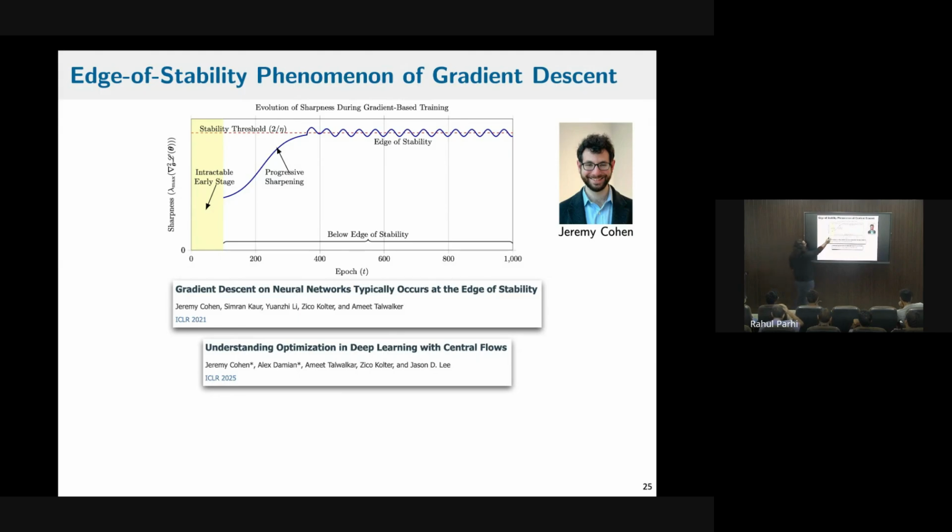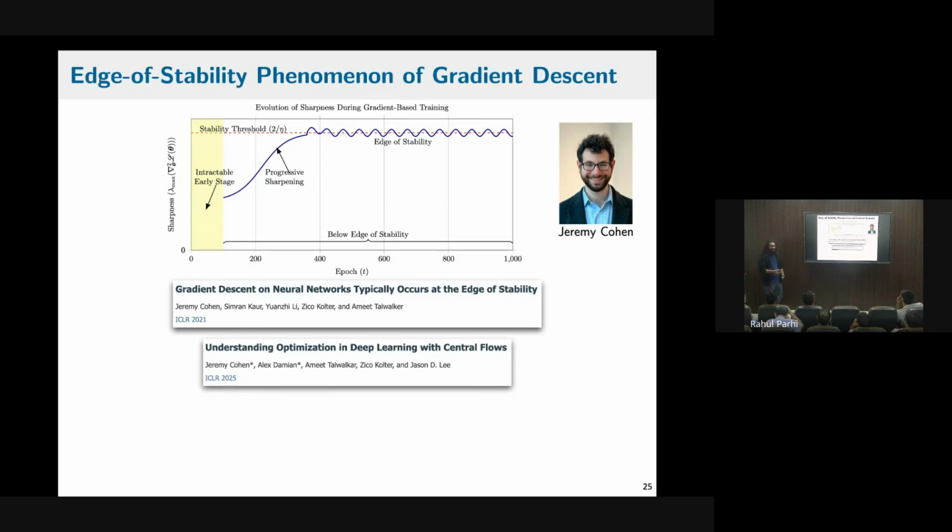At the beginning, which I'm calling the intractable early stage, people see vastly different behavior. But then pretty much always there's a progressive sharpening phase and then an oscillation around some threshold. And this threshold is exactly 2 by the step size, 2 by eta.